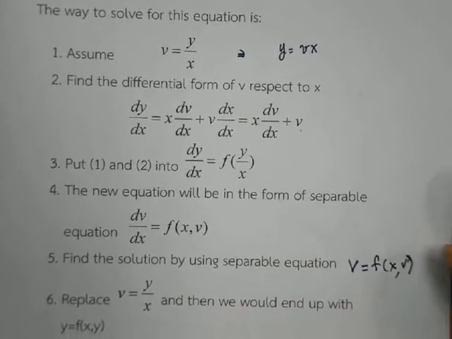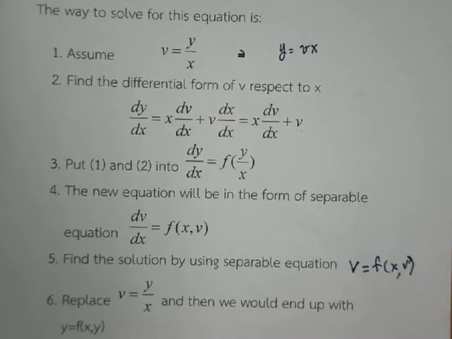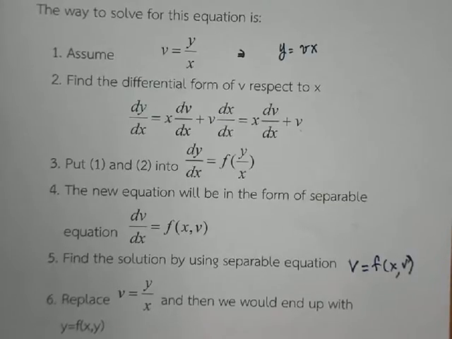And then we got to put it back, replace v equal to y over x. Then we would get the final solution as y as a function of x. This is called the homogeneous equation. This is the way to find the answer for the first order differential equation which is in the form of a homogeneous equation.